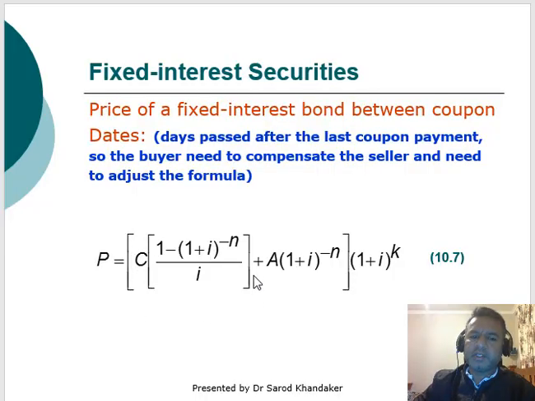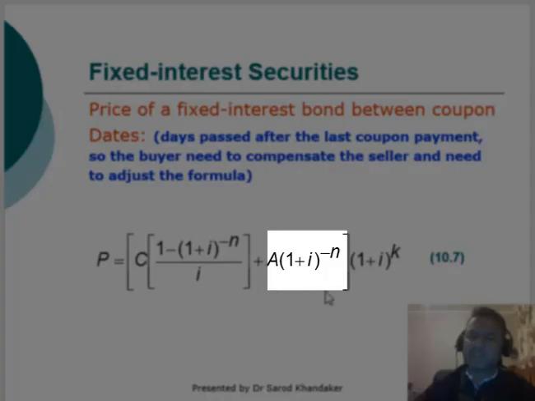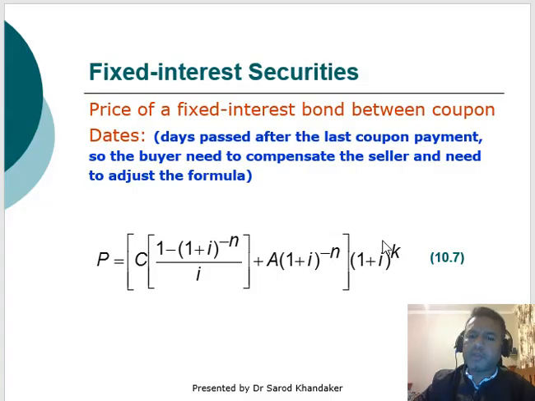One is the present value of the coupon stream, which is this part, and the second is the present value of the future value, which is the second part. However, the third part is to calculate when there is a time difference or days difference. So let's look at an example.